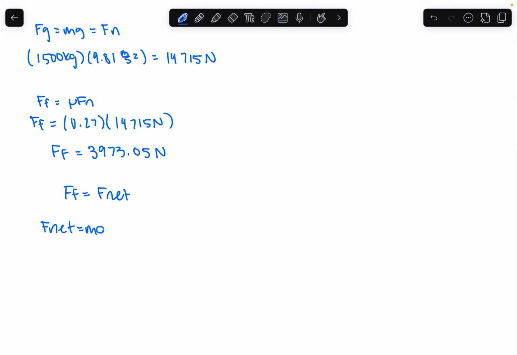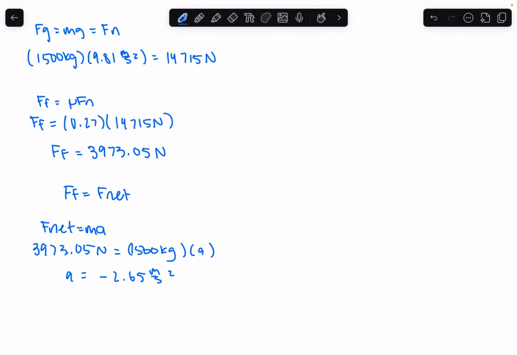So 3,973.05 newtons equals 1,500 kilograms times acceleration. We're going to get an acceleration of 2.65 meters per second squared. But it's going to be negative because remember, we're slowing down.